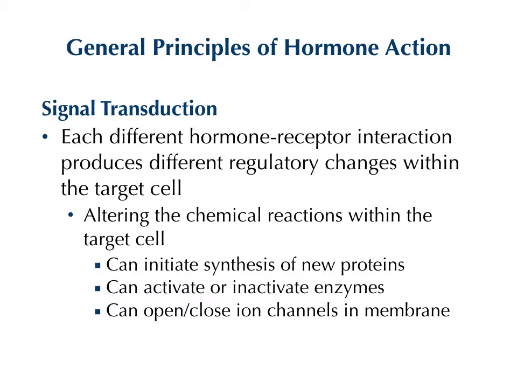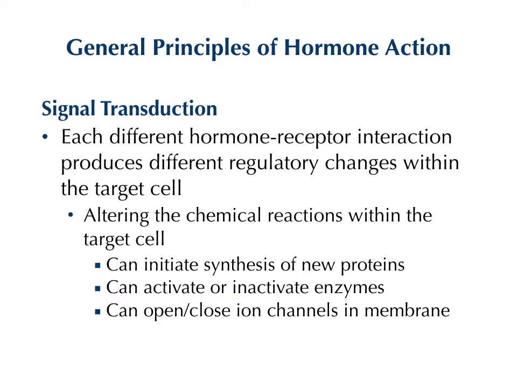Signal transduction basically talks about how our hormones are going to send their message throughout the cell to get it to act in whatever particular manner we need to get it to act. Each different hormone receptor interaction produces different regulatory changes within the target cell. The cellular changes are usually accomplished by altering the chemical reactions within the target cell.